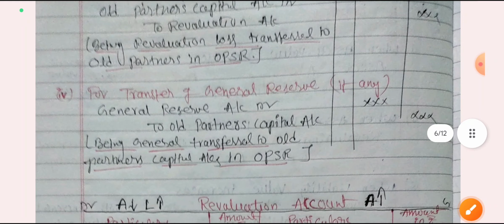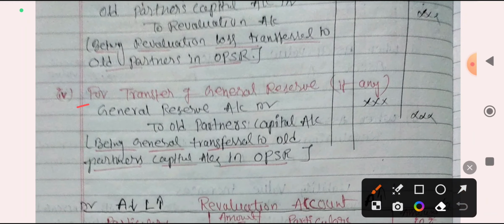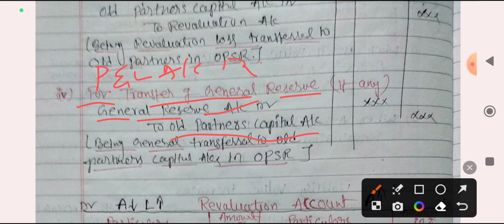Then if there are any accumulated profits like general reserve, P&L account, general reserve account debit to old partners' capital accounts, A account, B account, like that. If there is any P&L account balance, P&L account debit to old partners' capital accounts, A capital, B capital, like that we will write.